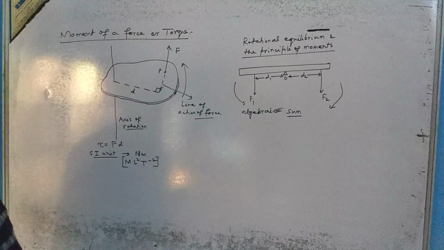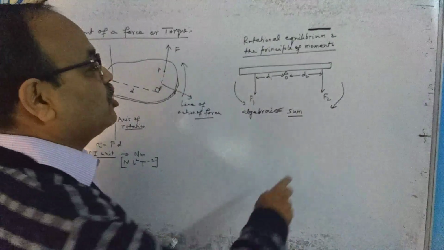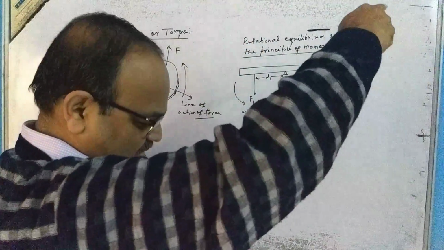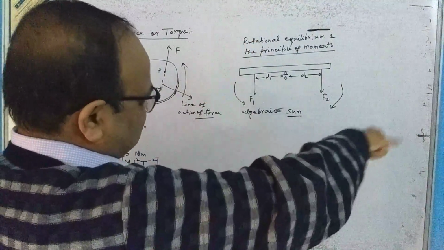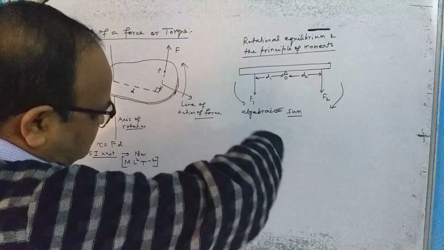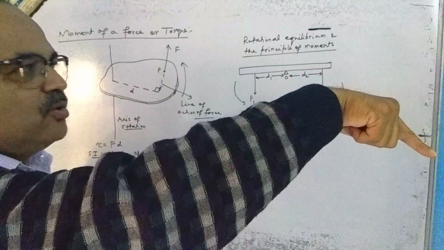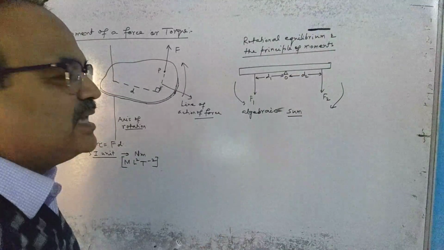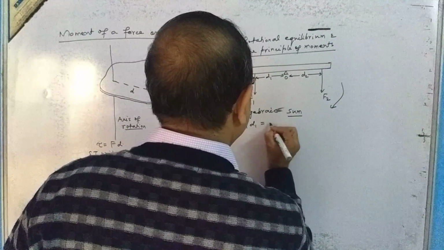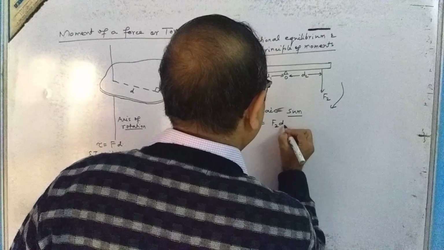The sum of the clockwise moments should equal the sum of the anti-clockwise moments. This is the clockwise moment and this is the anti-clockwise moment. You can see the direction: if the rotation takes place like this, it is anti-clockwise, and here it is clockwise. That means F1 d1 should be equal to F2 d2.